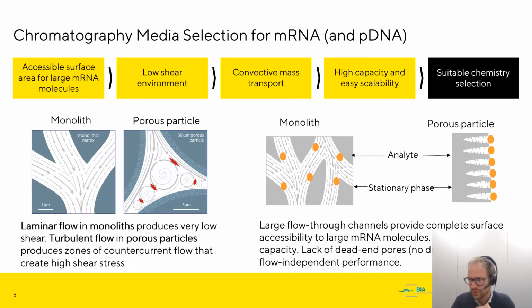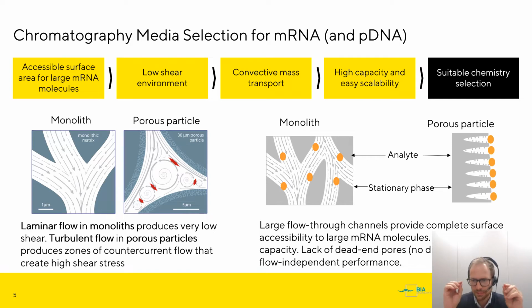Chromatography is one of the driving horses in purification of biopharmaceuticals, and as mentioned just a minute ago, the purification approach needs to be tailored to the size of the molecule we are purifying. Traditional purification media, such as porous particles, in their core architecture are made of spheres with high porosity on the surface.